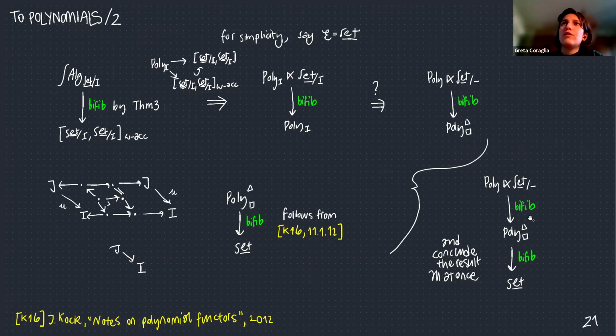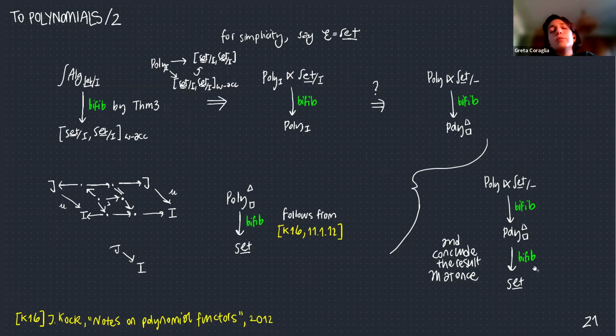We will have this bifibration from Kock and the bifibration of our theory, and then the result will be concluded all at once, because the left adjoints will be the ones that Gambino and Hyland use in their proof.